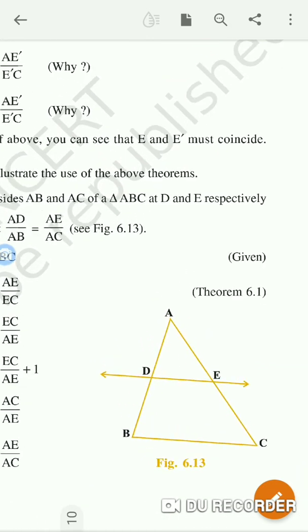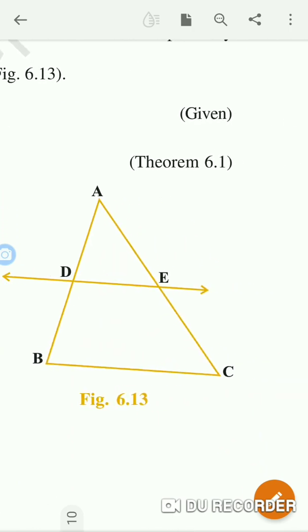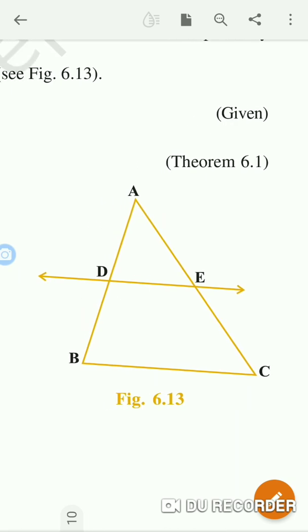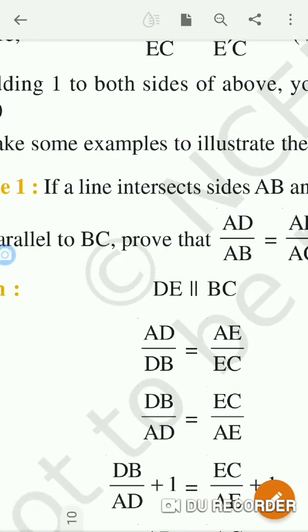See, you can see here this figure is given, triangle ABC, and here the line is passing through point D and E, where D is the point on AB and E is the point on AC. See, what is the question?